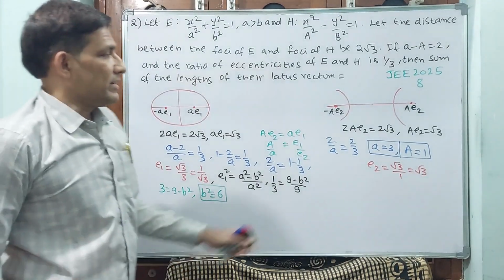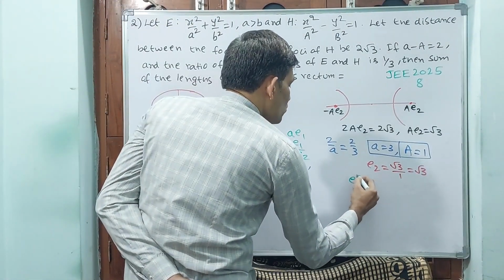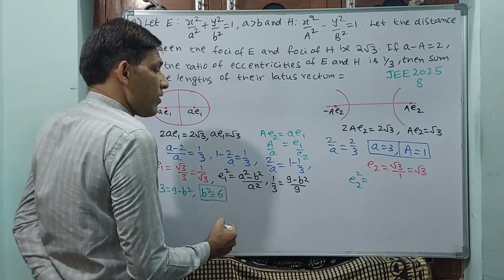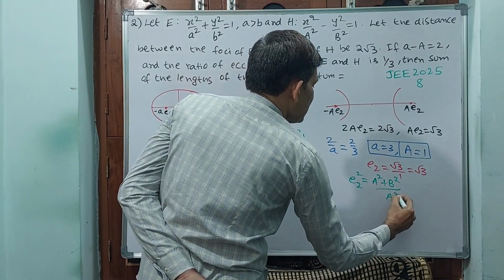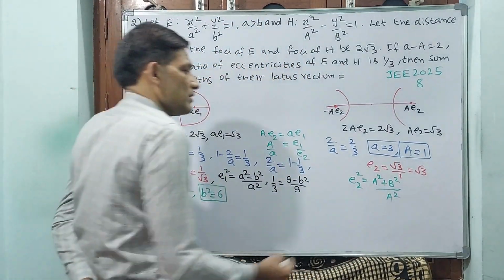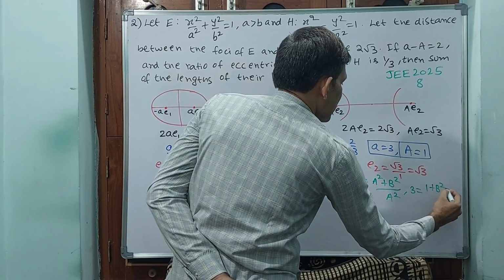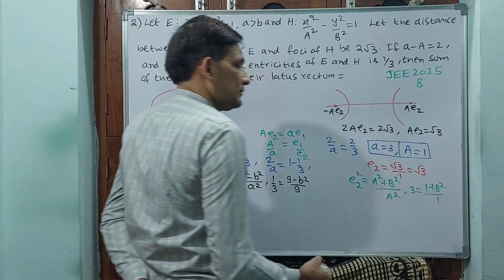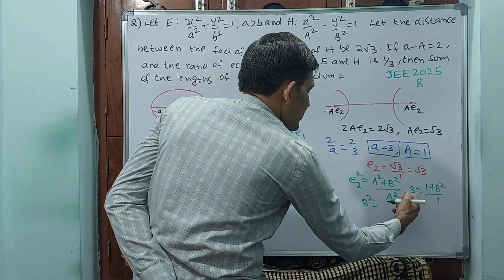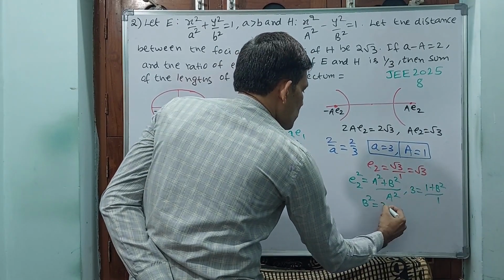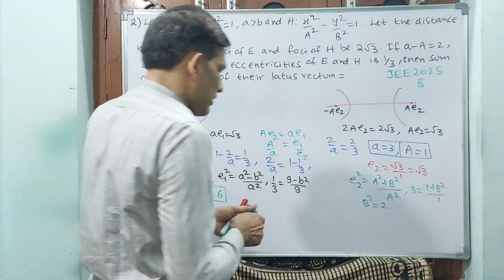Now come for here. Here E2 square is equal to capital A square plus capital B square by capital A square. That means 3 is equal to 1 plus B square by 1. That means capital B square is equal to 3 minus 1, 2. This is also I am boxing.